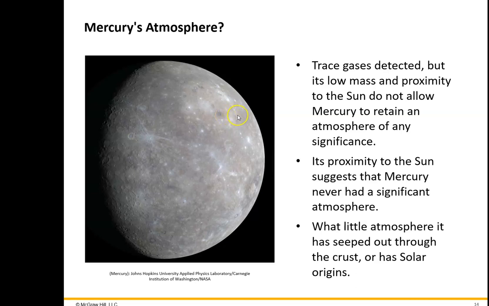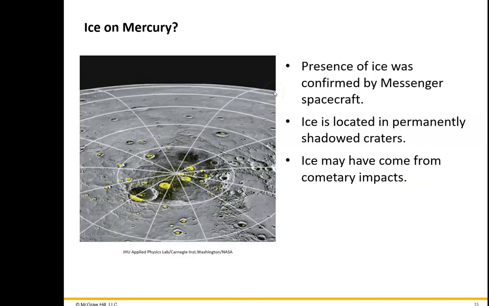All right, so that is basically Mercury's non-existent atmosphere and what happens to any gases that do encounter Mercury. There is actually ice, which was a big surprise, one of the big surprises from the Messenger mission. When we went over the poles of Mercury, there were some craters that are never directly exposed to the sun because they're at the North and South Pole.